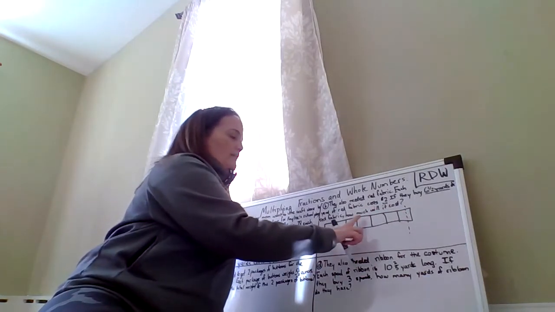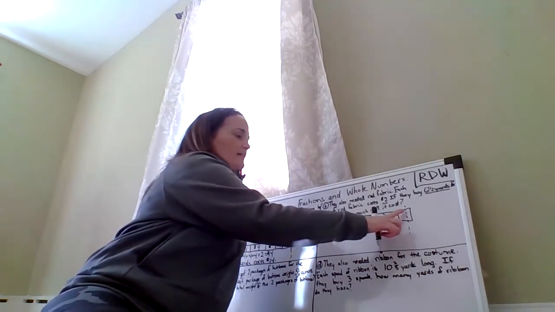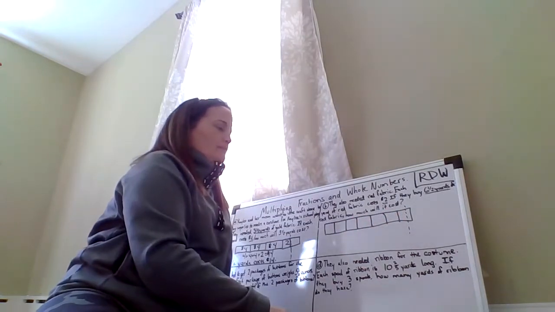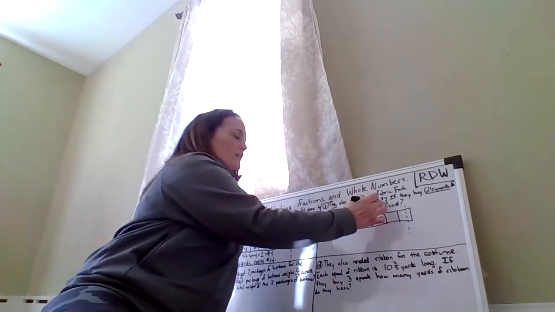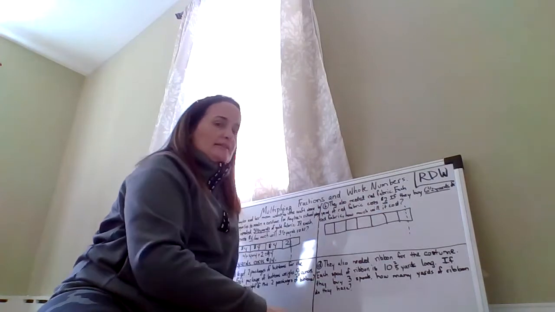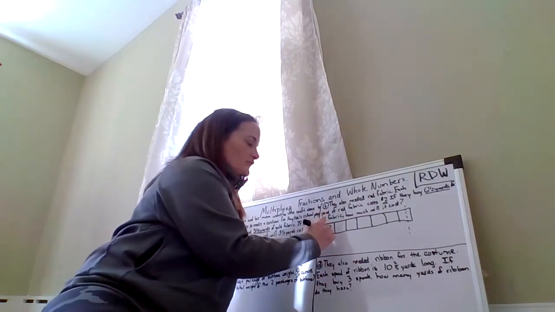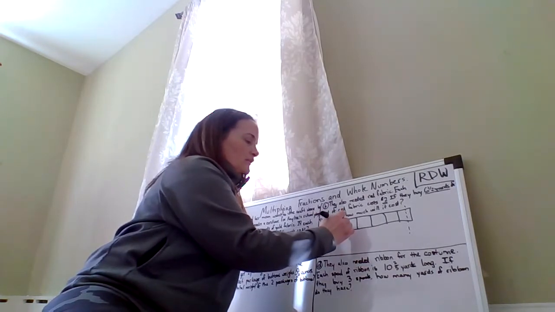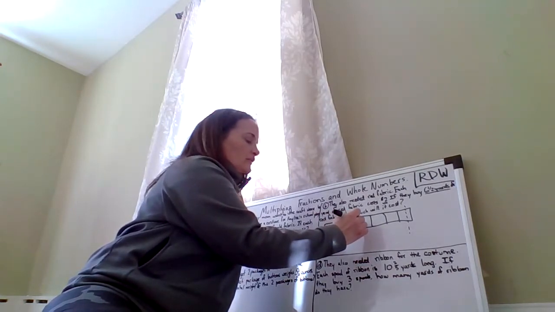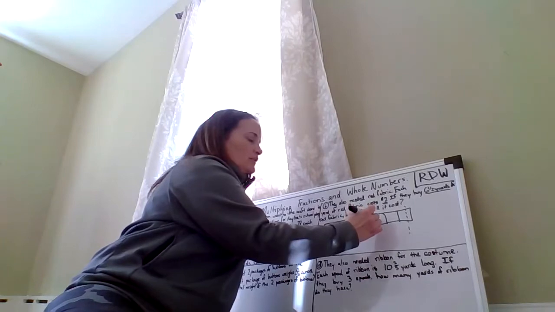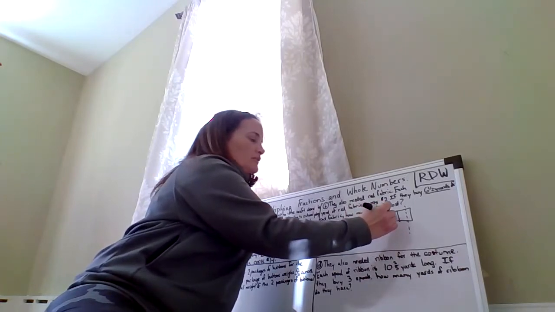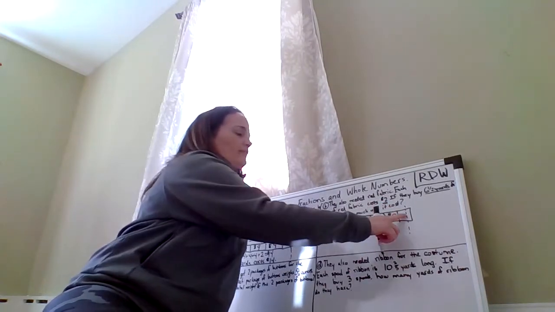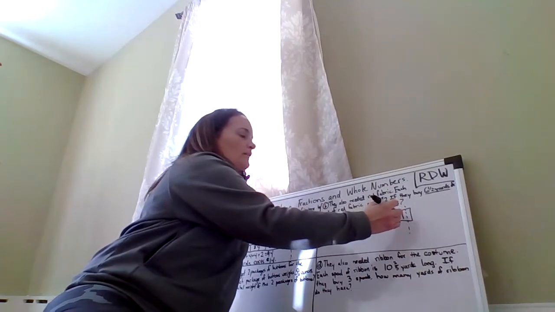Now it costs $2, so the value of each of these boxes is $2. So $2, $2, $2, $2, $2, $2, and then half of 2 is $1.